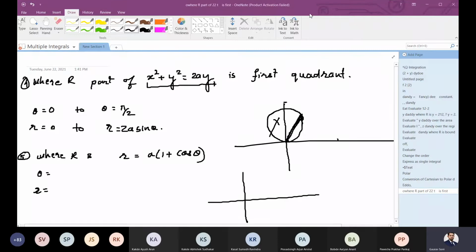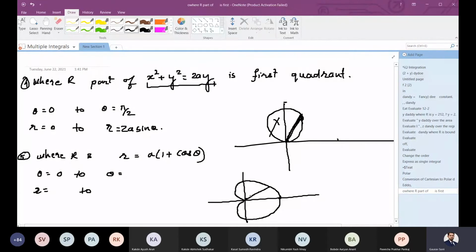What are the limits? Theta is running from 0 to, pi. If you remember, the curve is like this. The complete area is included.